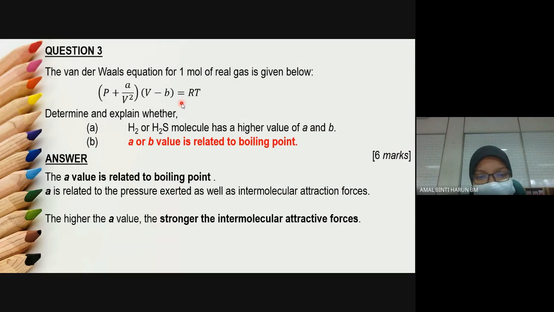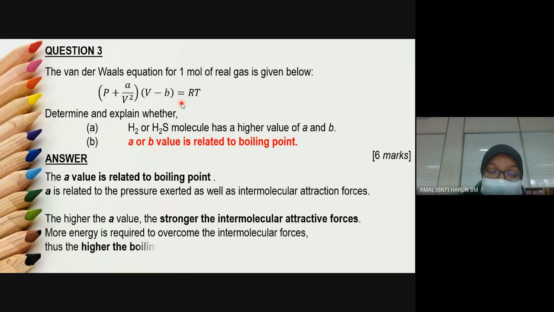So it has to absorb a lot of energy to overcome the strong intermolecular forces. So A will be higher and causes a higher boiling point. So the keyword is A, the first part is the intermolecular forces.